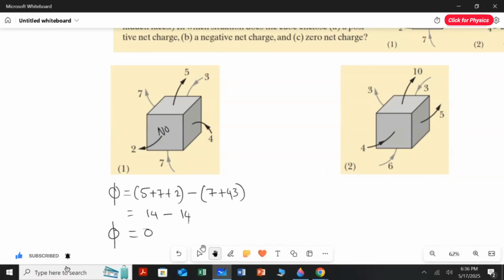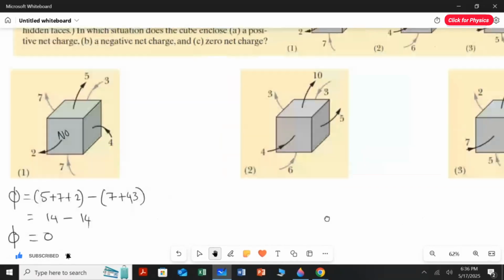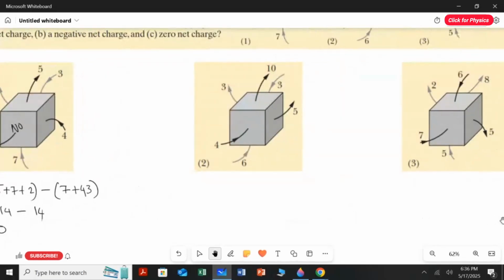Likewise, we have to do the same type of calculation for the second figure. First, I'm going to add how many lines are coming out. In this figure, you can see 10 is coming outside, so we add 10 plus 5 coming outside, and then 3 coming outside. The flux going in: 4 is going in, 6 is going into the phase, and then 3. So that means 6 plus 4 plus 3.